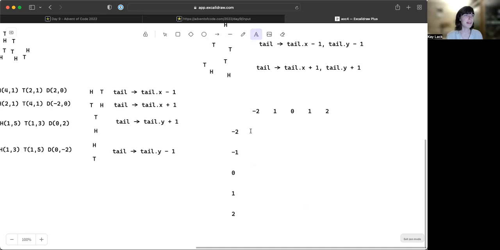And we need to populate this. This is the transformation.